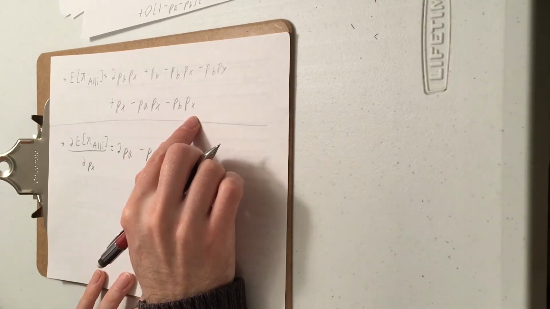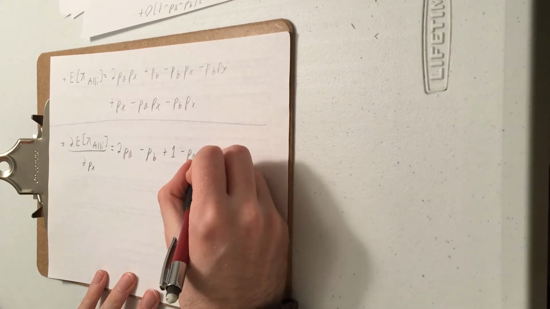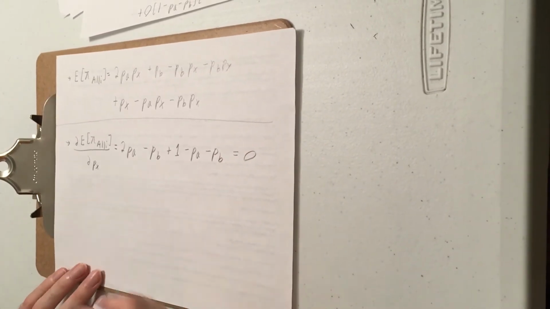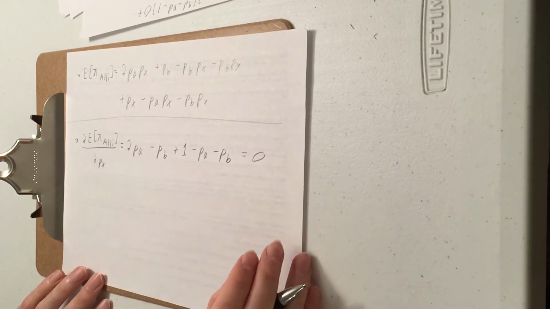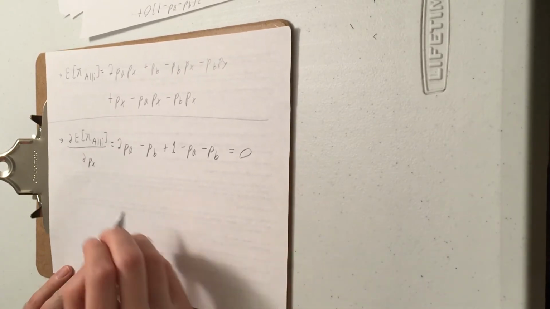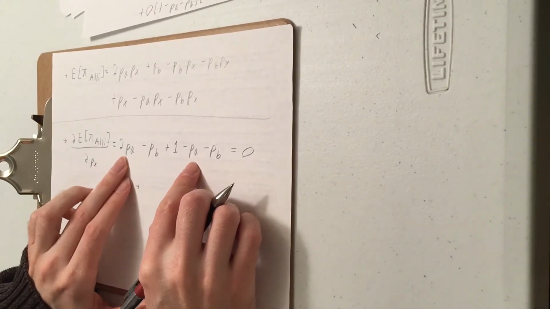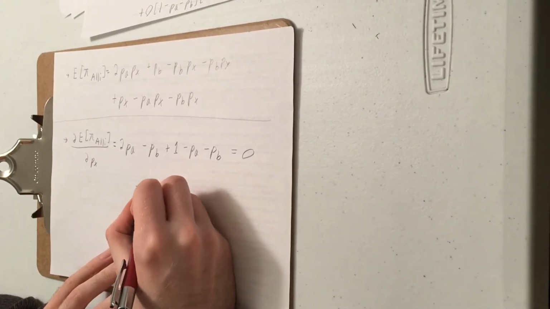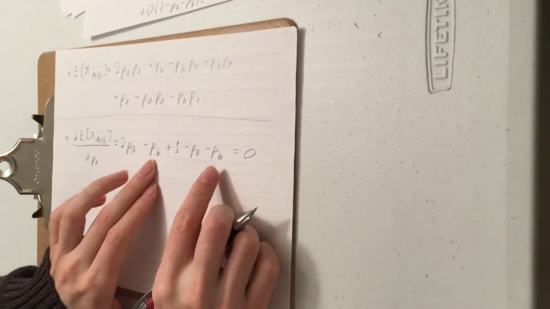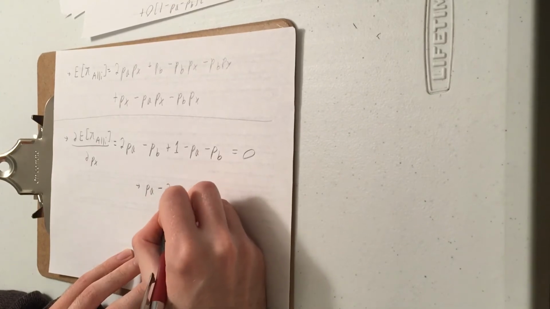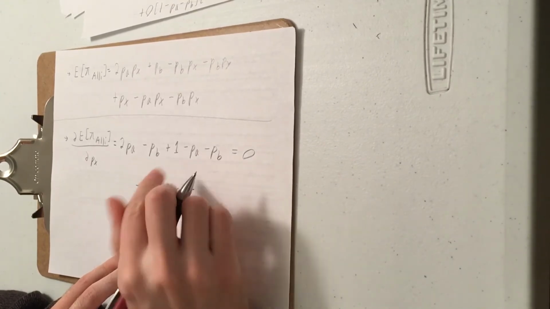Minus PB times PX, that partial derivative is minus PB. So set that whole partial derivative equal to 0. So what I get, if I just combine terms here, 2PA minus PA is just 1 times a PA. Minus PB is minus 2 PB. And we still have that plus 1.